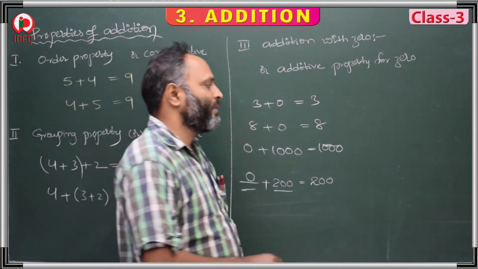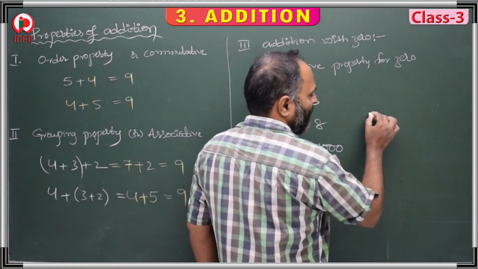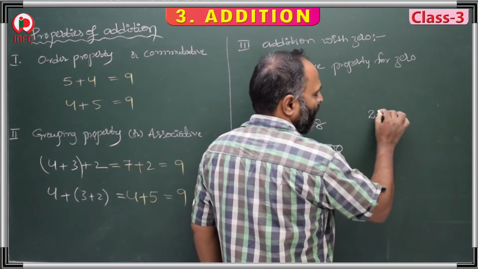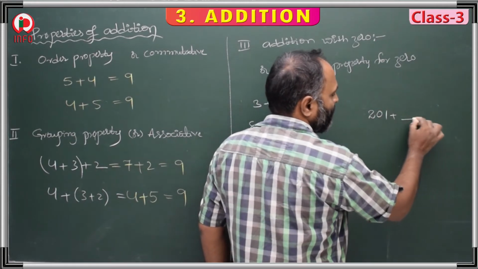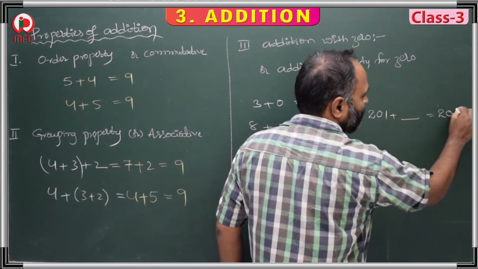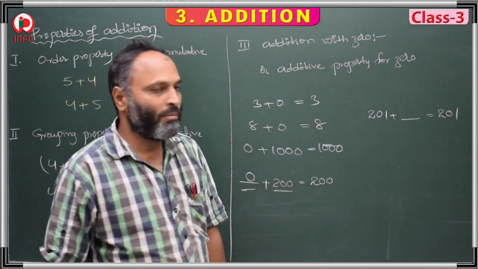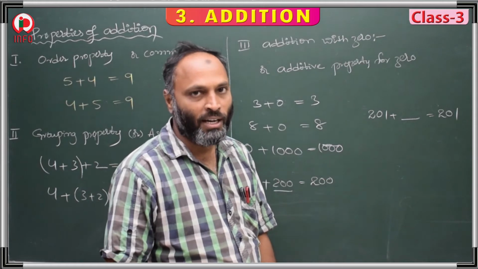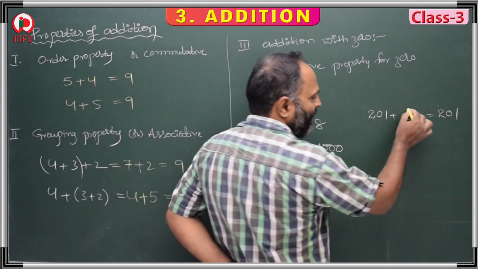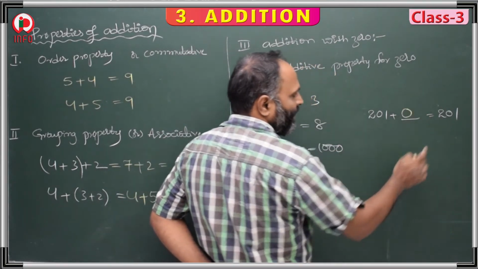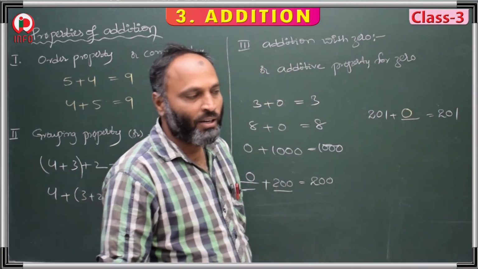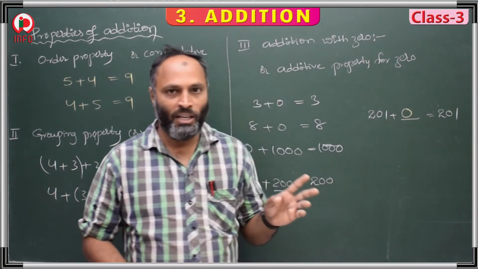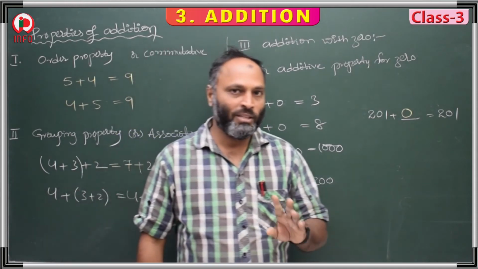In some cases, if you ask like this, 201 plus dash is equal to 201, then what do we add to 201 to get the answer 201? If 0 is added to 201, then our answer is 201. Don't think that 200 plus 0 is 0.